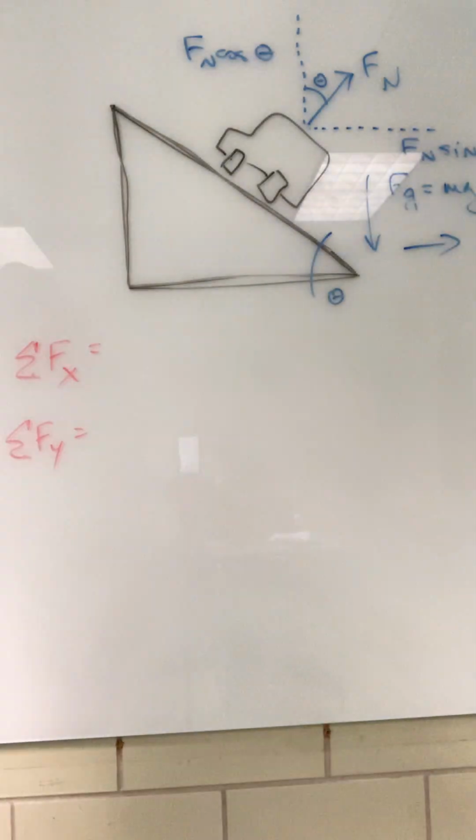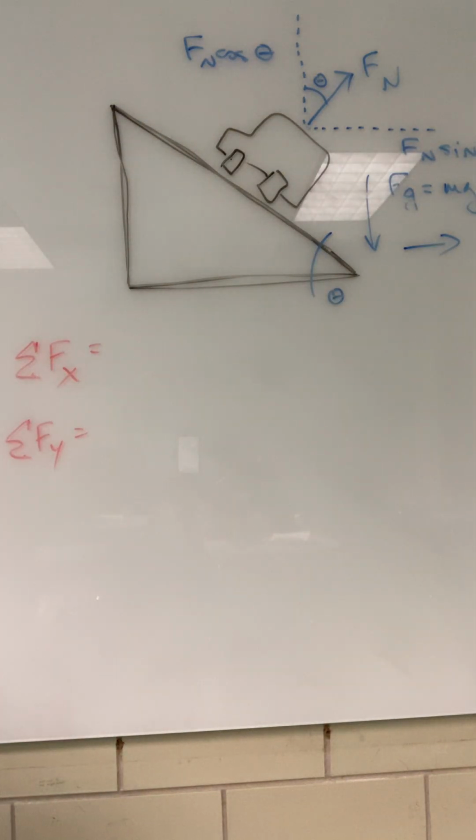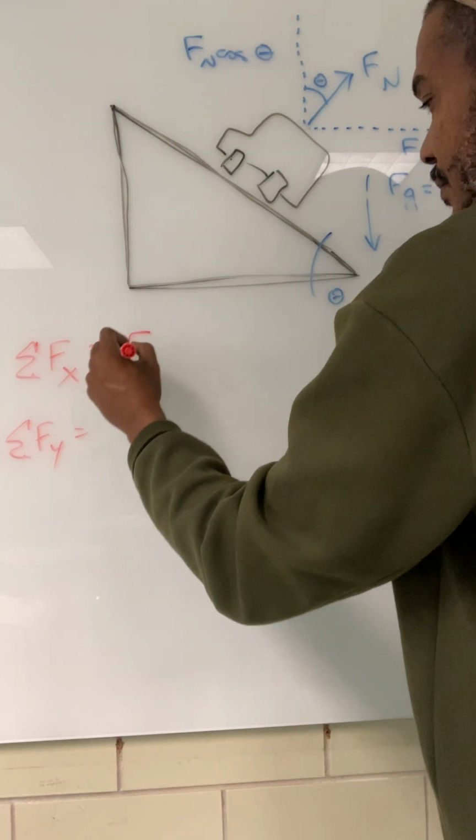So now let's sum them up, right? In the x direction, what do we have? Remember, this is y. This is x. Fn sine theta in the x, right?